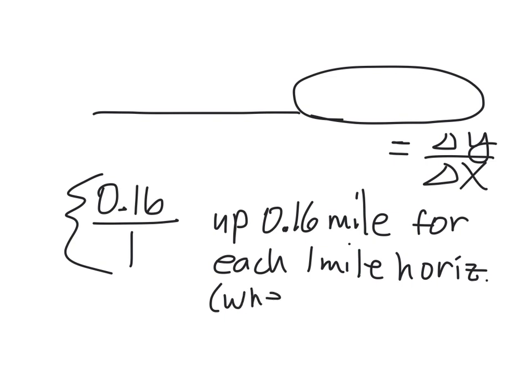And that is specifically when x equals 2. That changes as we continue to ride our bike up that hill, but at that very instant, we've estimated that the bicyclist is going up at a rate of about 0.16 miles for every 1 mile horizontally.